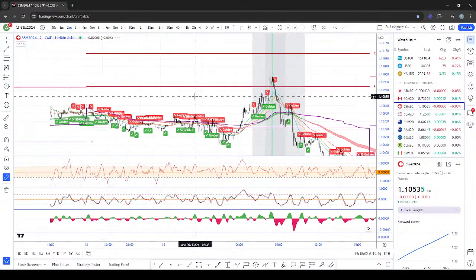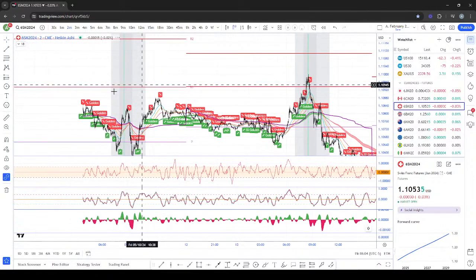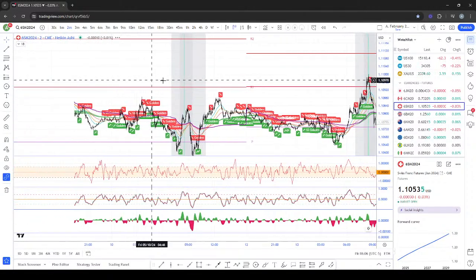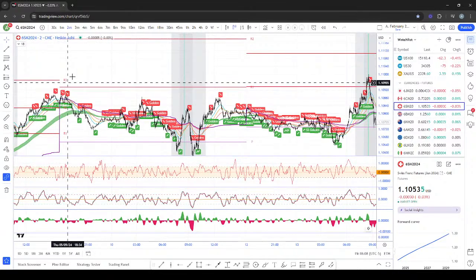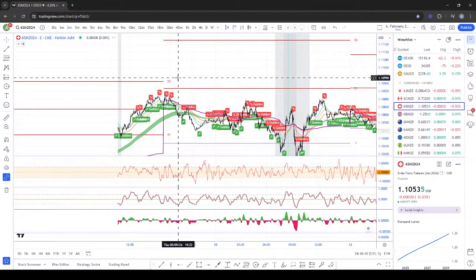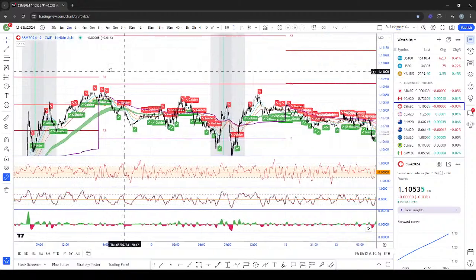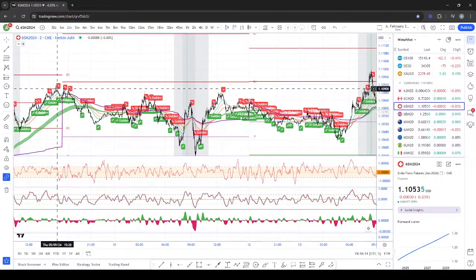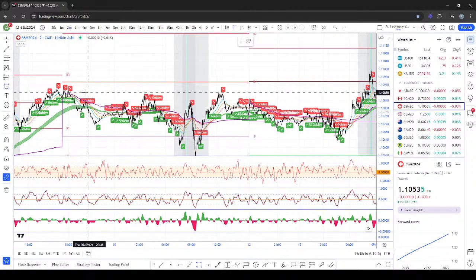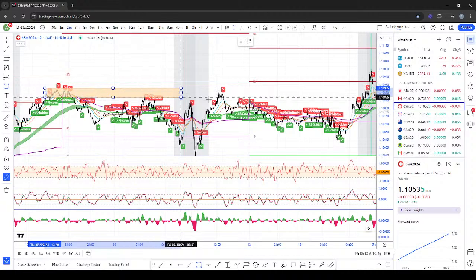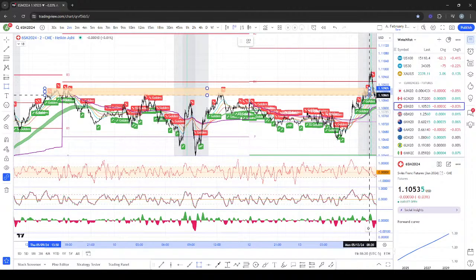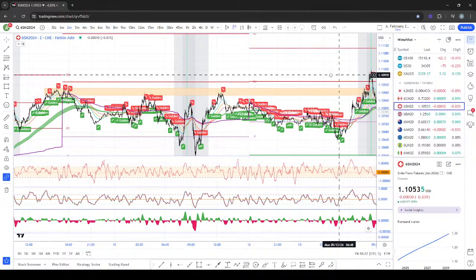So, if we look to the left, I'm sure if we go further back, we can find a nice little zone area at some point, and price is reacting. I wonder if it was reacting to some of these areas right in here. Although this did stretch a little bit further up.